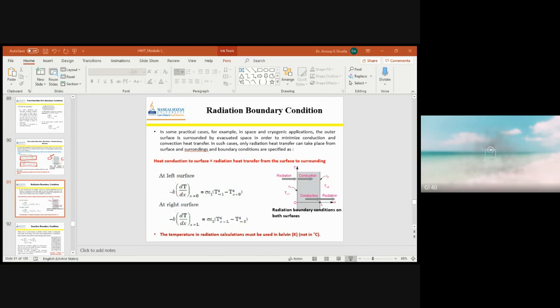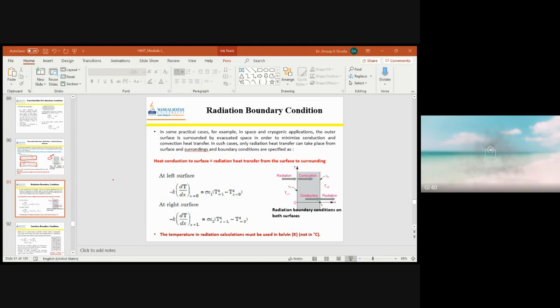So at the interface, the heat conduction equation is minus kA dT/dx equal to minus kB dT/dx, and the temperature at x is the same on both sides. So these two boundary conditions are very important.